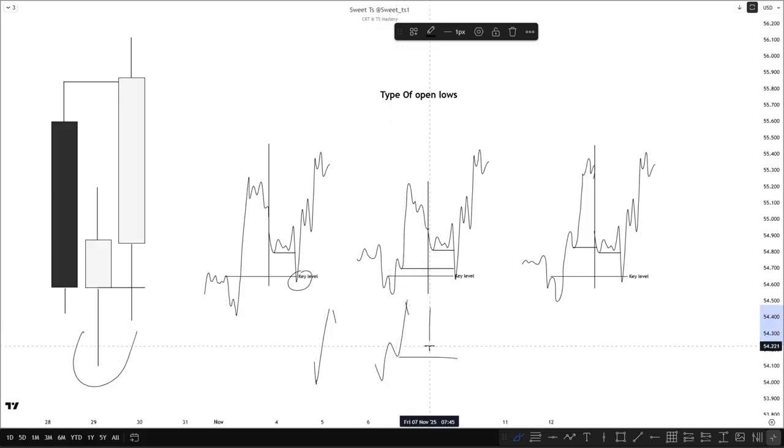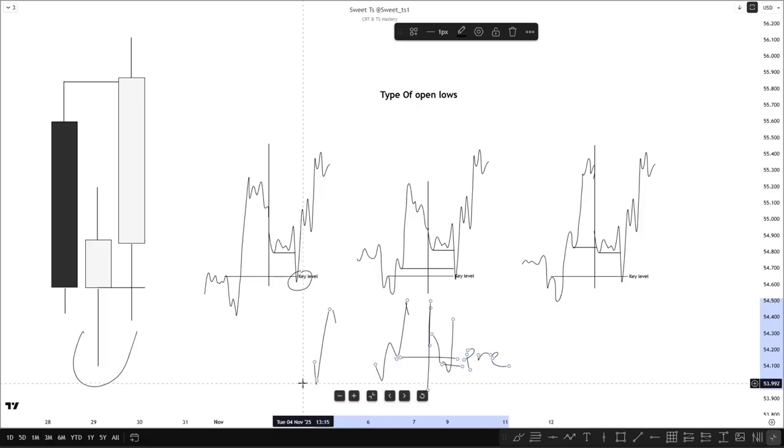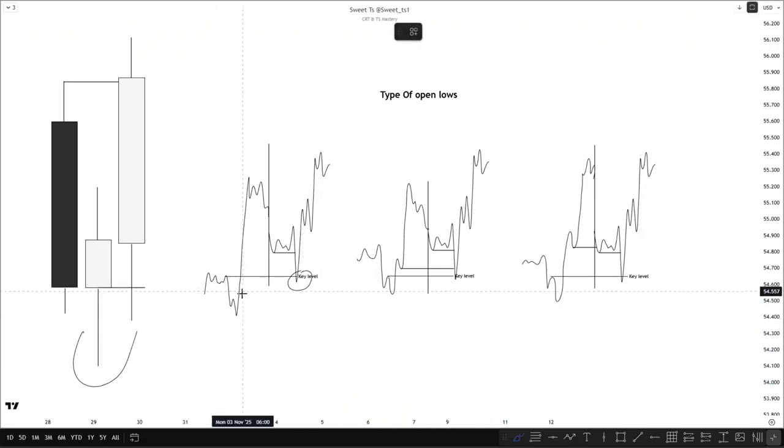Those before the opening price of the new candle are called a pre-liquidity pool, right? After the open is a new liquidity pool, it's going to form. So in this example, we don't have a liquidity pool. Once we don't have liquidity, it's not the same, guys. Just pay attention. Expansion, no liquidity pools.